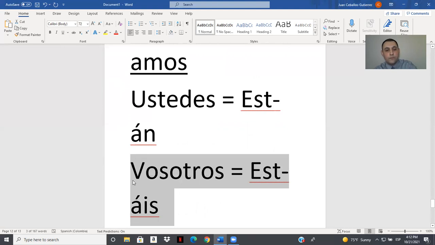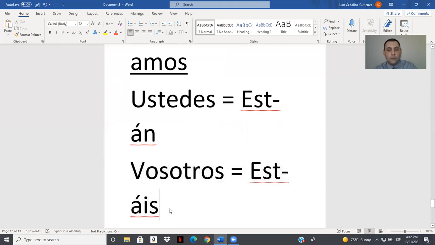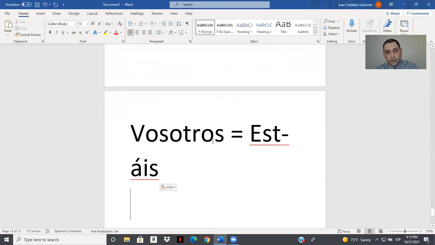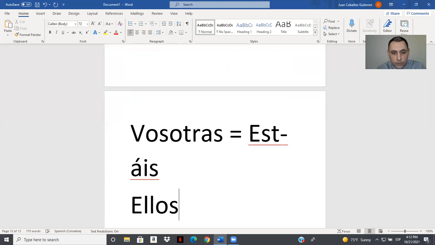And we have second person feminine plural as well. In Spain, only, remember, is the same. Vosotras estáis. Now let's jump into third person. So third person will be ellos. That's third person masculine plural. And all you do is this.